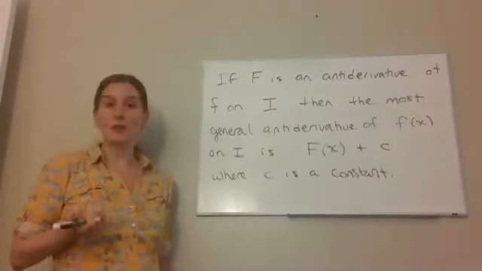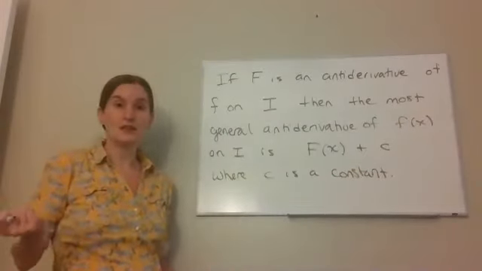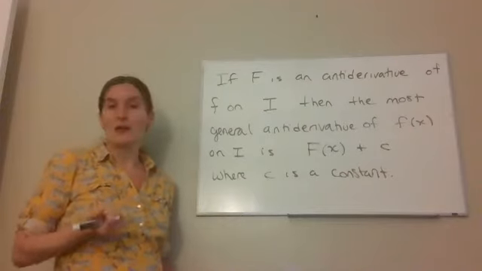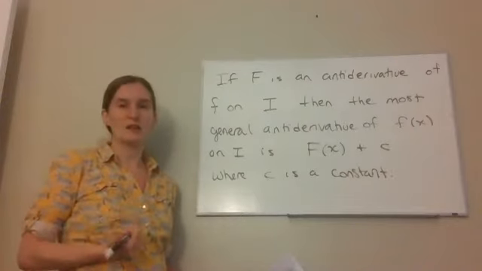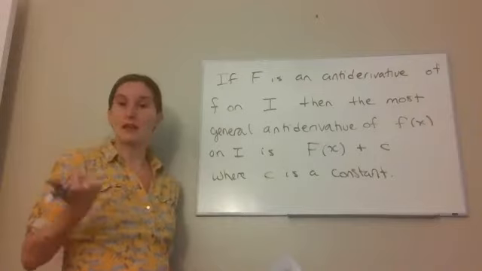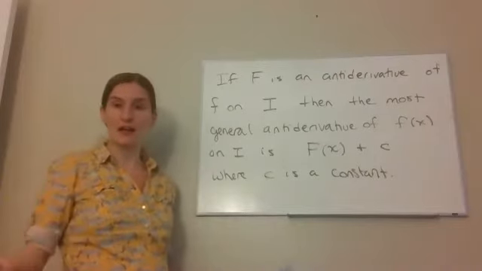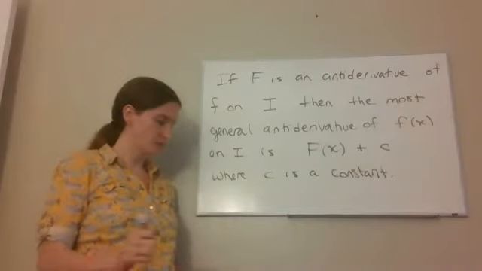So for the example we just did, trying to find the antiderivative of x squared, we could now write the generic answer of 1/3 x to the third plus c, where c is any constant that I want.